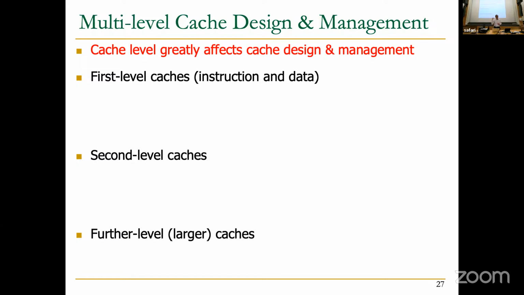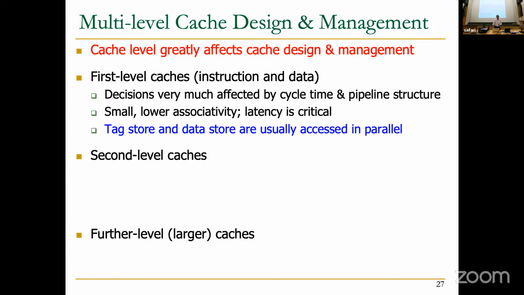Okay, so let's take a look at another example of this. First level caches, second level caches, and further level caches. We said that first level caches are partitioned into instruction and data because they're serving the pipeline immediately. In the first level caches, decisions are very much affected by the cycle time and the pipeline structure itself.